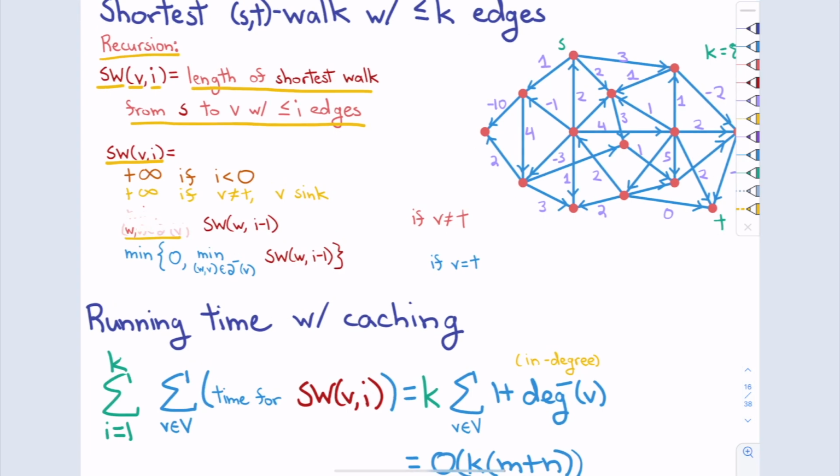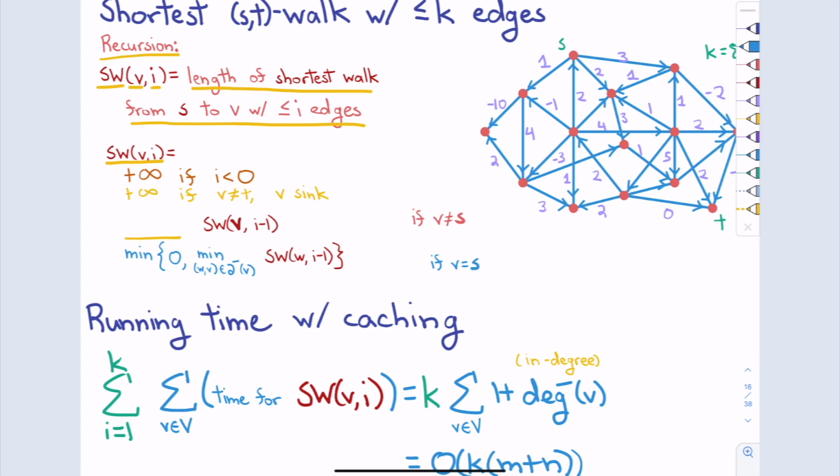It should be the shortest walk to v using 9 edges. I'm sorry, let me fix something.